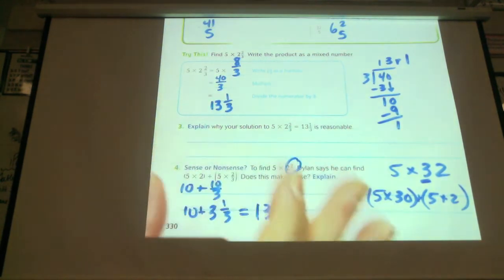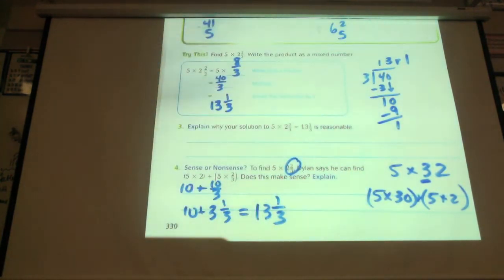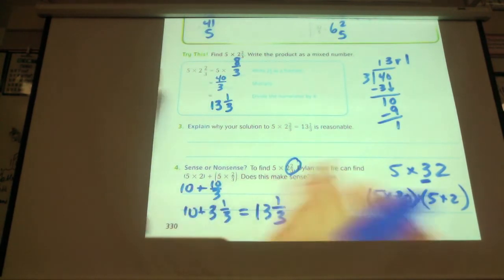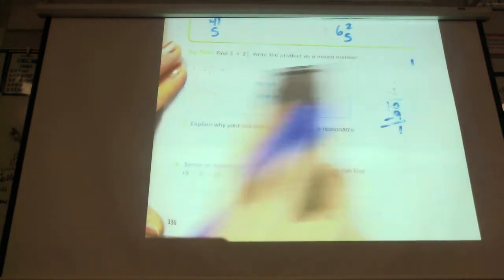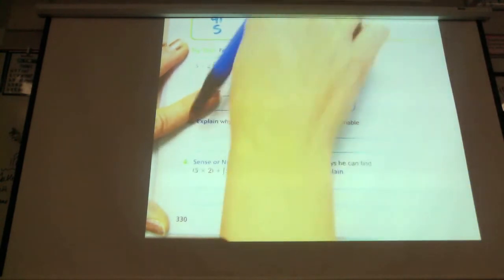No, I don't have to. So I just taught you how to change it to an improper fraction first and then multiply, but you don't have to do it that way. You can just keep it this way and multiply by the whole number and multiply by the fraction.